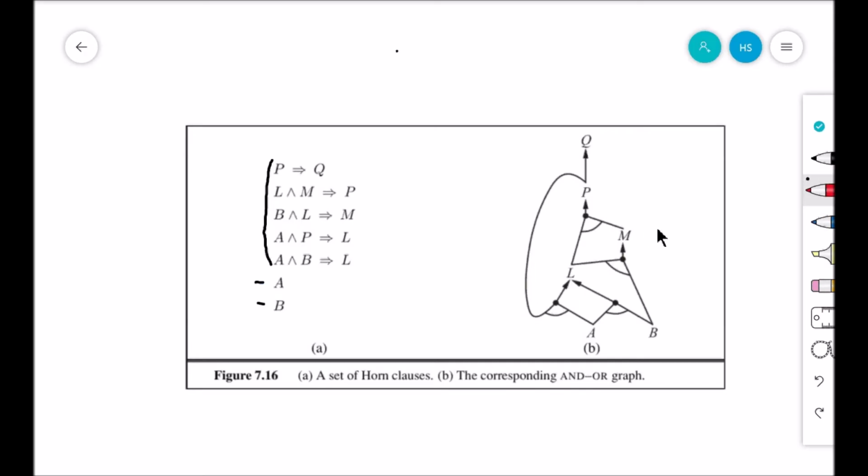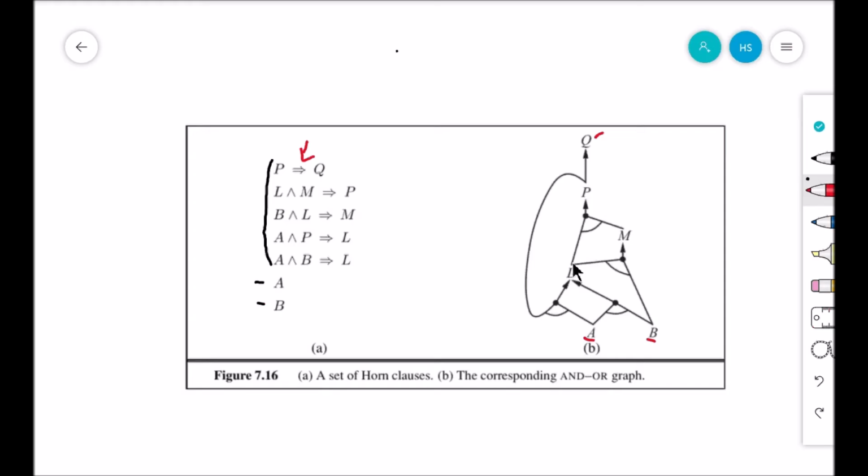You start off with known leaves or known facts, and that's your A and your B. That's how it starts off. The chain of inferences, the implications here, are going to propagate up the graph as far as possible, because remember, we're trying to see if the knowledge base entails Q. That was the goal.